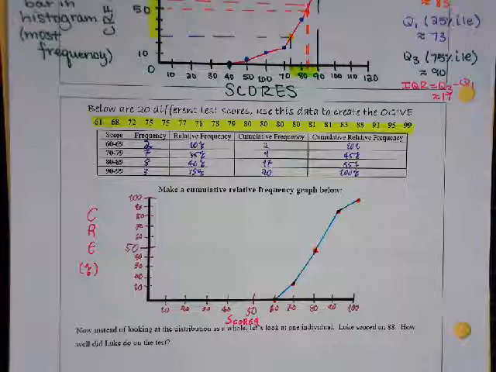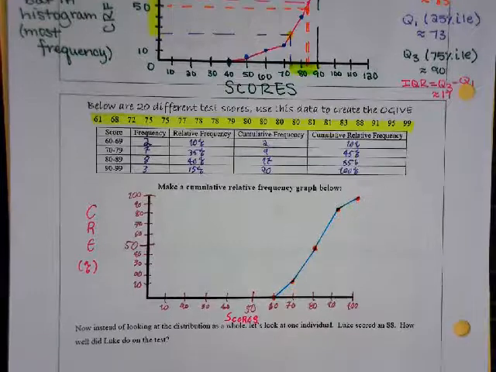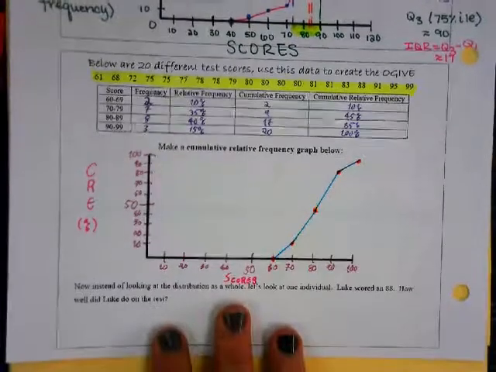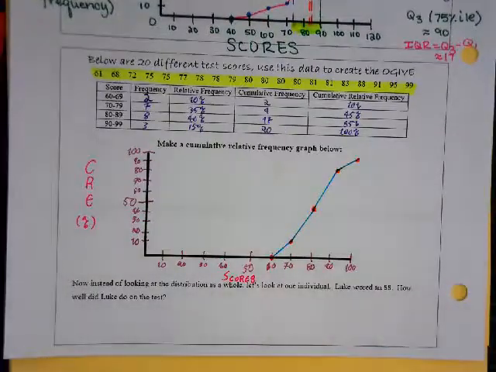All right, so now we're going to look at individuals rather than our whole distribution. So down below it says that Luke scored an 88. How well did he do on the test?